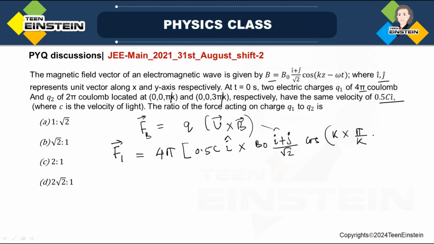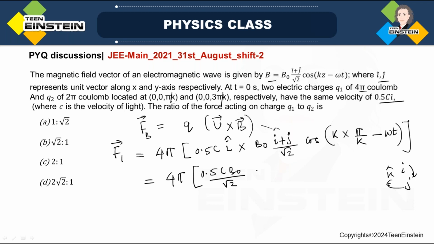This is pi by k minus omega into t. Let me simplify what we get. 0.5 c B0 divided by square root of 2 here. This i cross i will give you 0, and i cross j will give you k. So this is k cap.